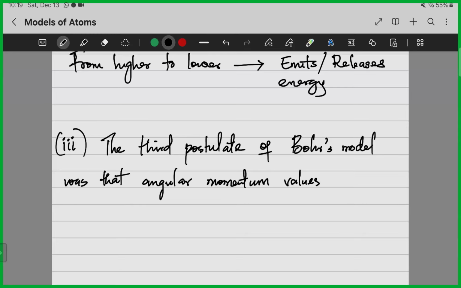The third postulate of Bohr was that angular momentum values of the electron in an atom are quantized.